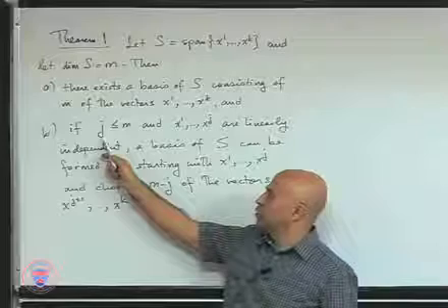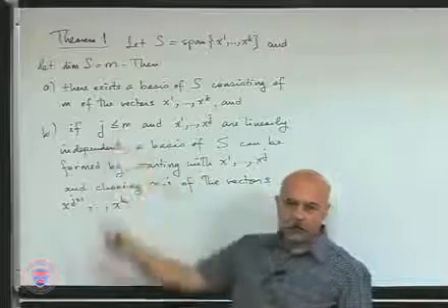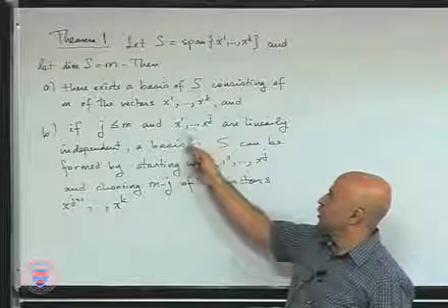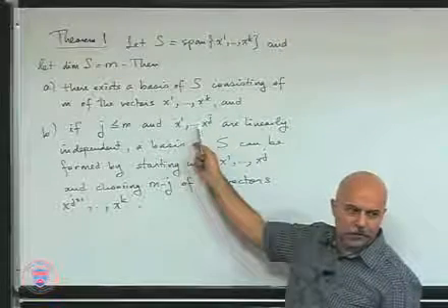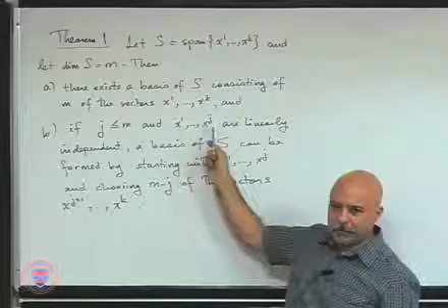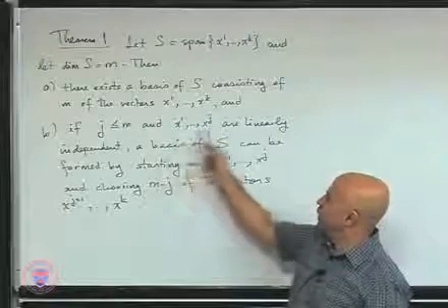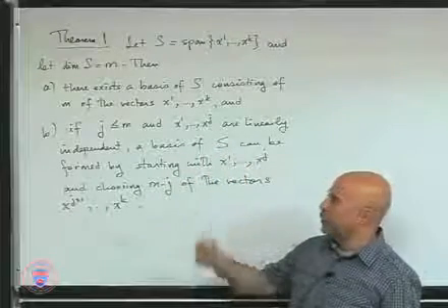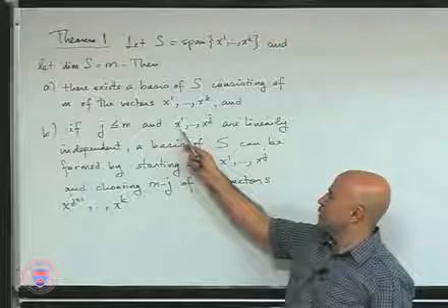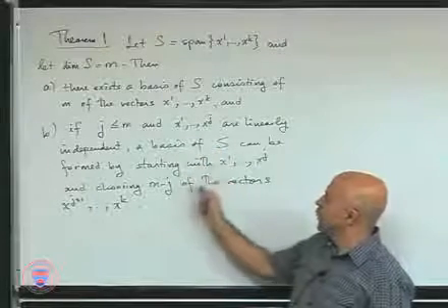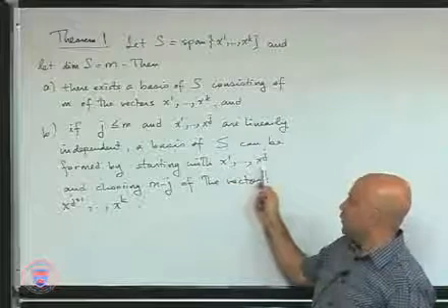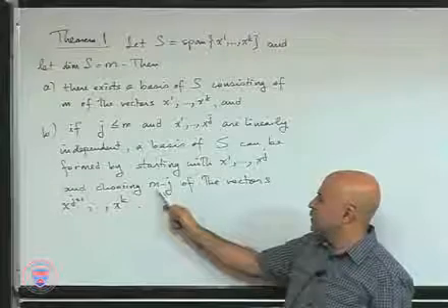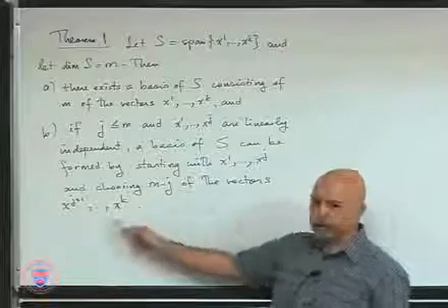for any positive integer j less than or equal to m, if you happen to have j of the vectors, and let's just assume by reindexing as necessary that they are the first j vectors. If x1 through xj are linearly independent, then we can build up a basis using those, starting with x1 through xj, and adding to that set some m minus j of the remaining vectors.